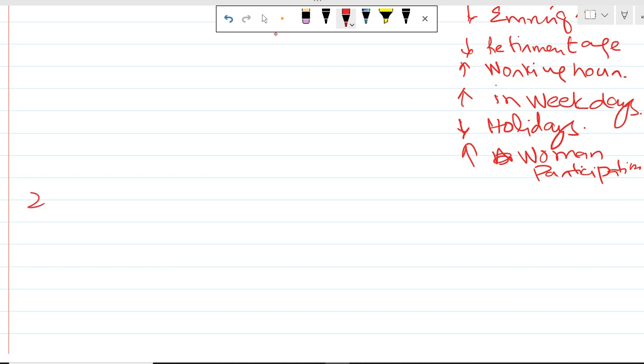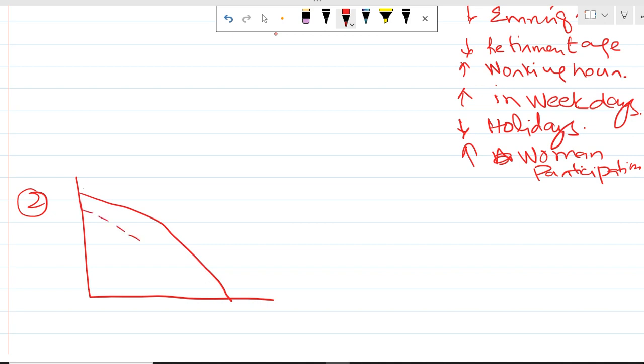Second scenario, we say that here it will decrease.